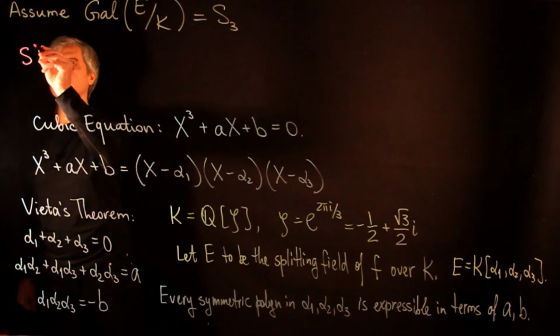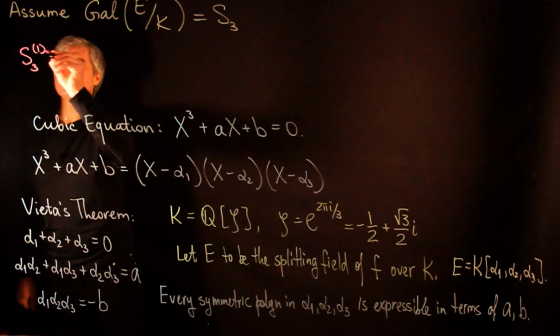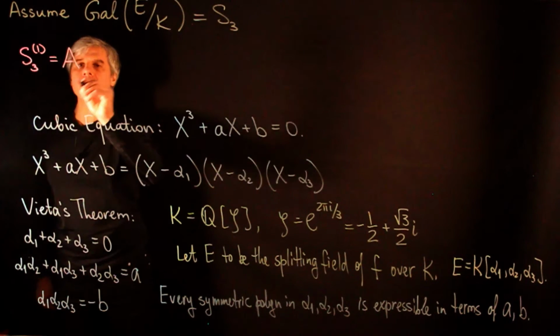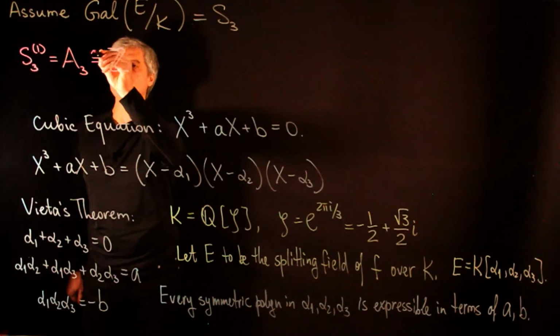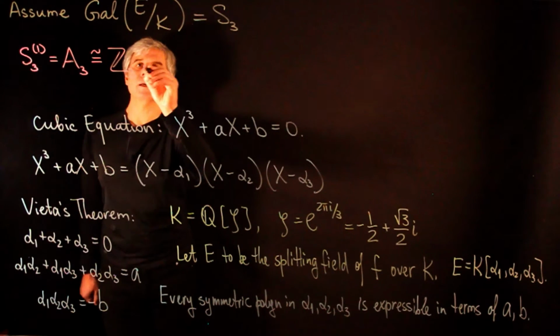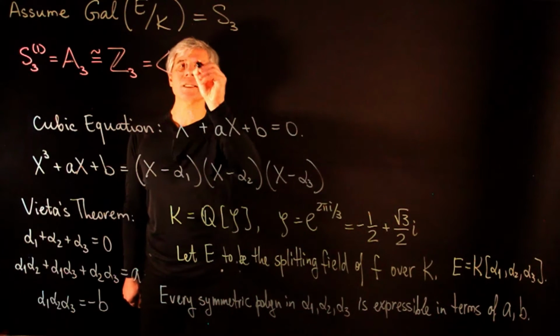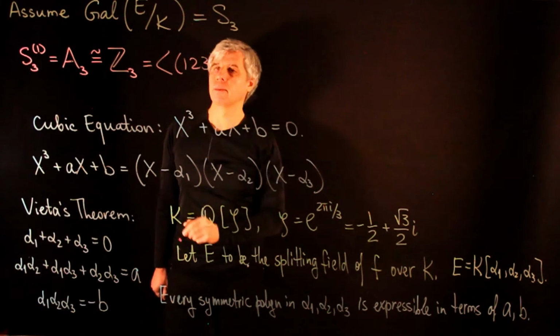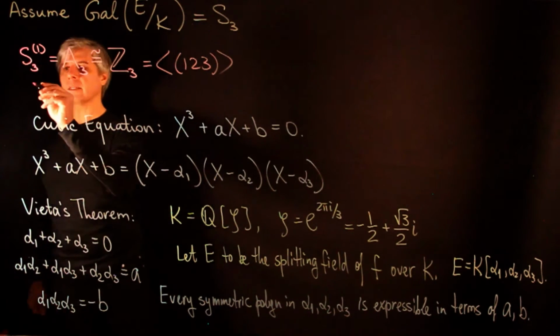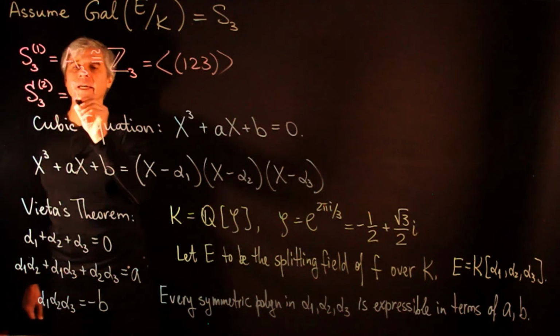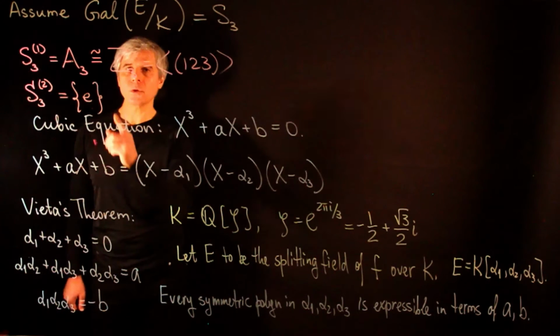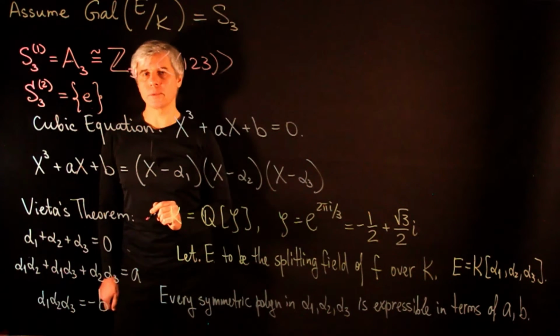The first commutator of S3 is the alternating group A3, which has order 3, and so this is isomorphic to Z3, and the generator is a 3-cycle (1 2 3). This group is abelian, so the second commutator subgroup of S3 is the identity. So S3 is a solvable group.